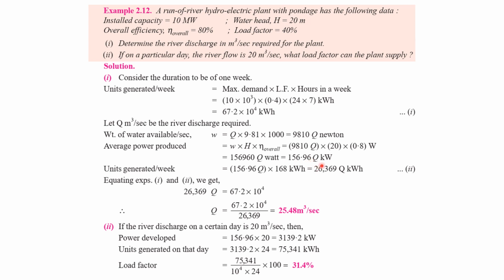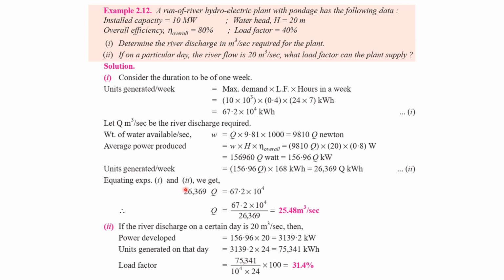156.96 Q kilowatts. So units generated per week with this much kilowatt power will be 156.96 Q into the total number of hours in a week. That will give you 26,369 Q kilowatt hours. But we already know that units generated per week with our power is 67.2 into 10 power 4 kilowatt hours.